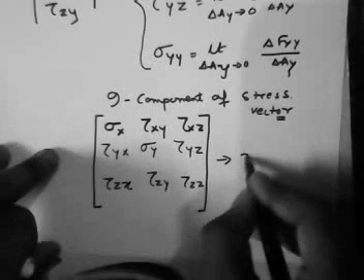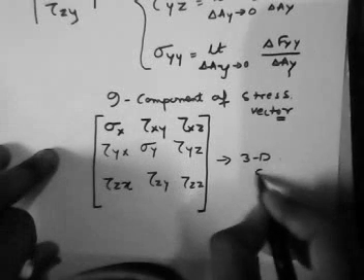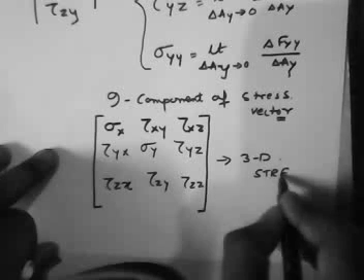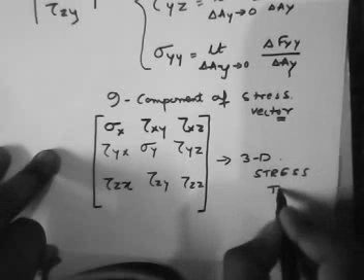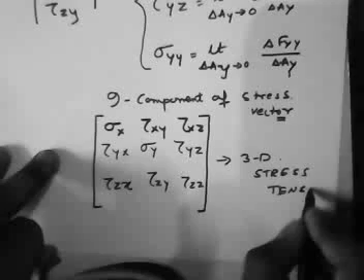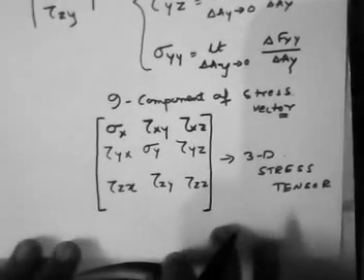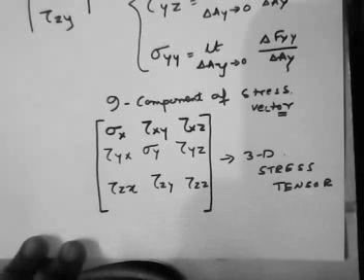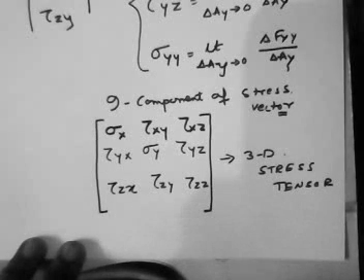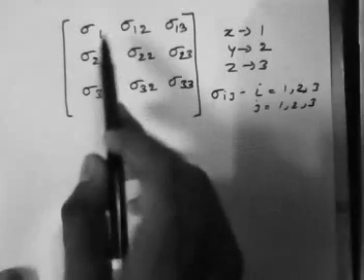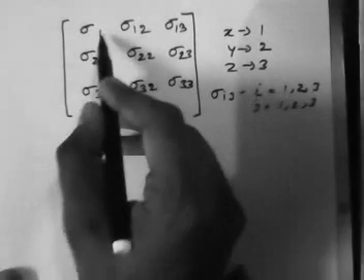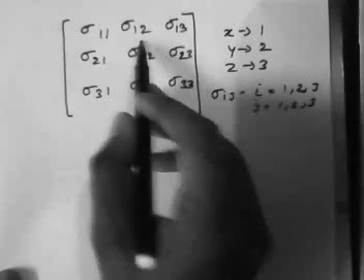So in this matrix we have the 9 components of stress, and this is basically known as the 3D stress tensor.